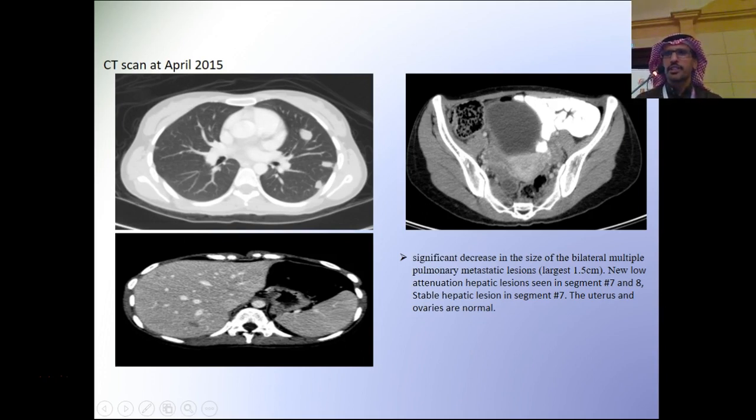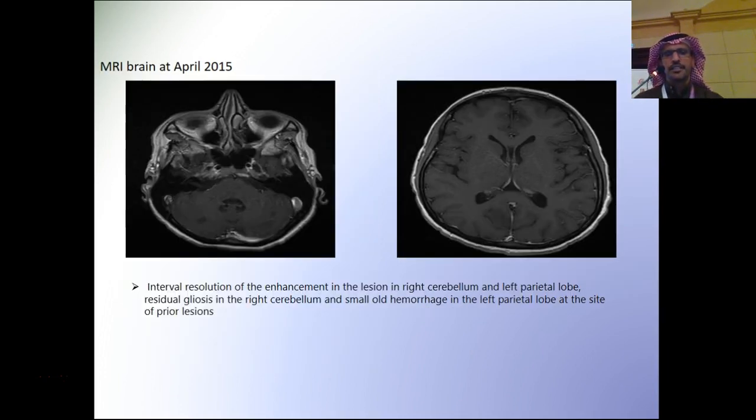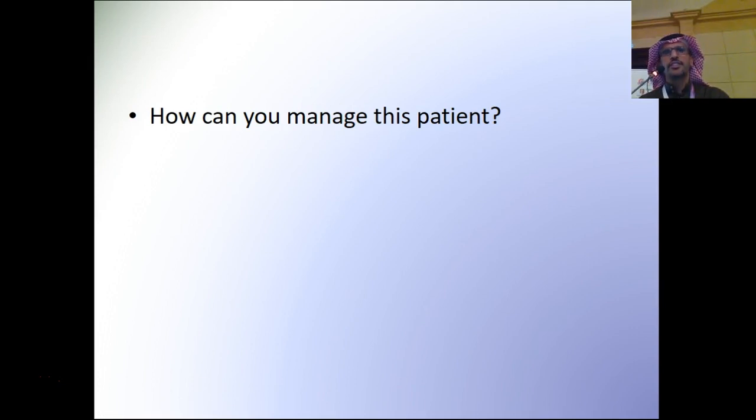So there is a new liver metastasis, and still the beta HCG plateau. The MRI brain showed interval resolution of the enhancing lesion in the left parietal lobe and the cerebellar lesion. So it is resolved. So now you have a resistant disease with a plateau beta HCG with a new liver metastasis.